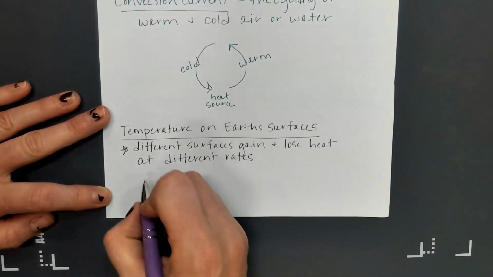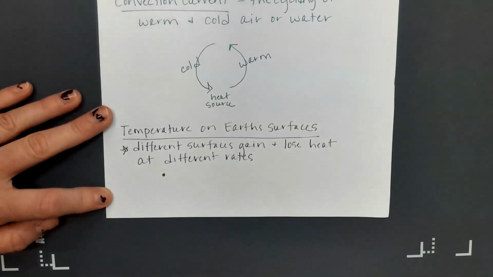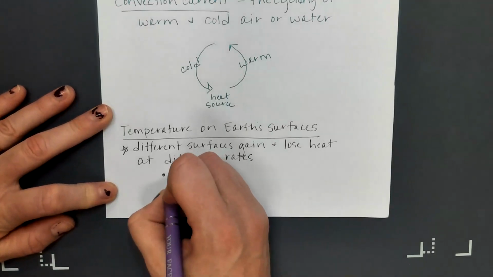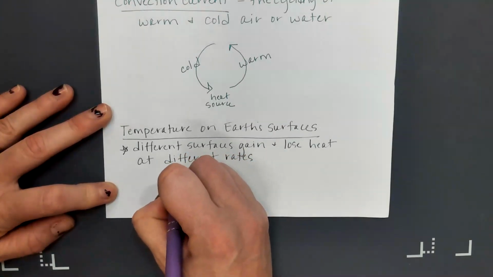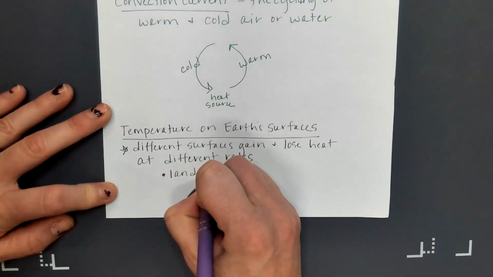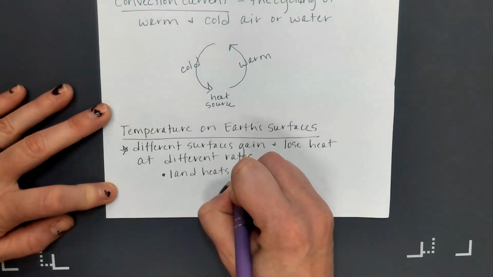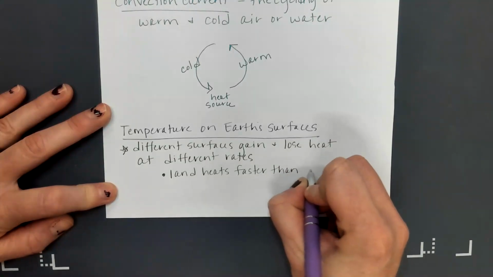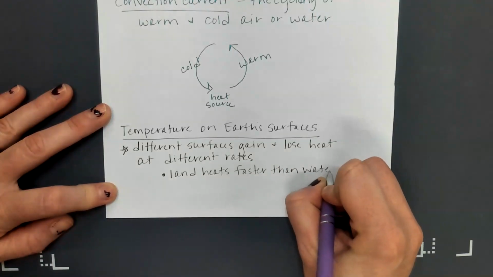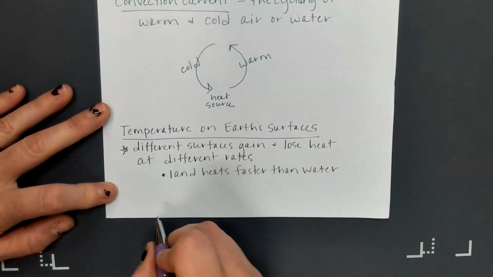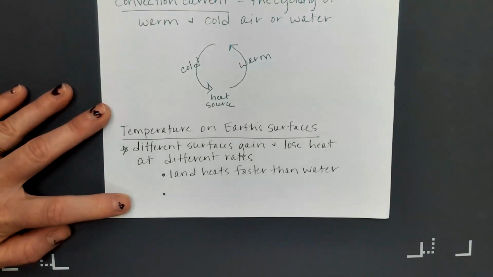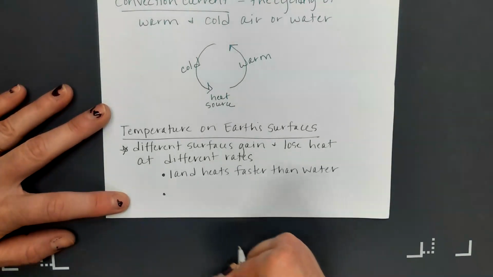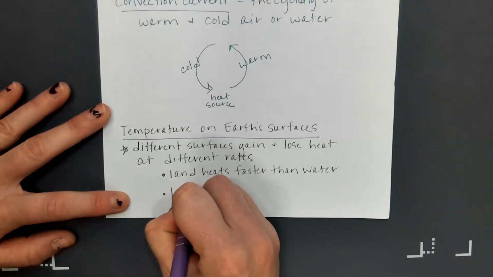We'll talk about why. So the two biggest points we got out of our lab data is that land heats faster than water. And the second point is that land cools faster than water as well.